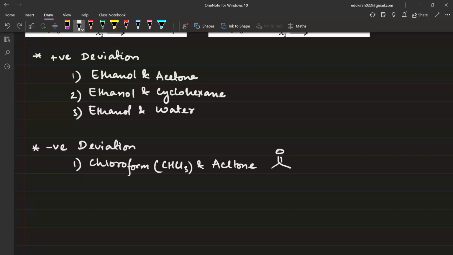Another example is aniline and phenol. Both of these are in NCERT. The third example, which has been asked previously in the NEET examination, is water and nitric acid, H2O and nitric acid.